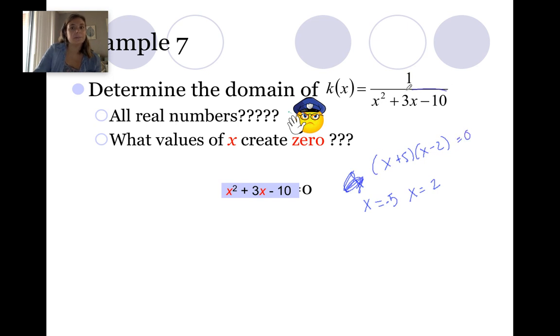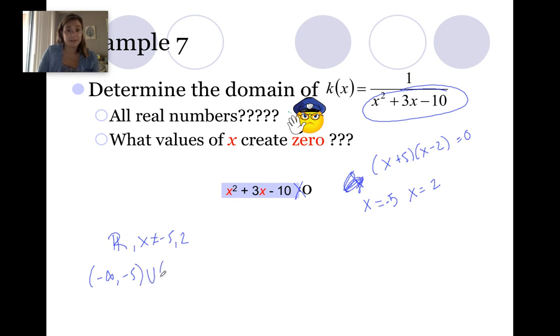So this can be positive. This can be negative. It just can't be 0. So my domain is going to be all real numbers except for those. You can say all real numbers, but x doesn't equal -5 and 2. There are so many different ways you can write it. As an interval, it's from -infinity to -5, not including it, union -5 to 2, not including it, union 2 to infinity.